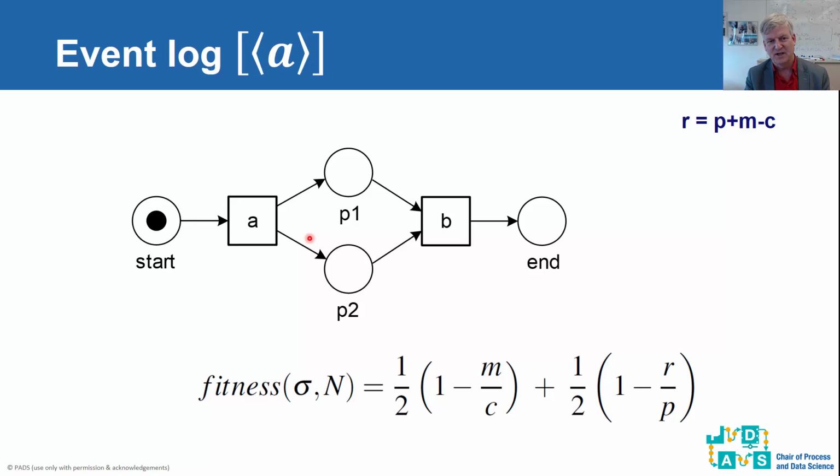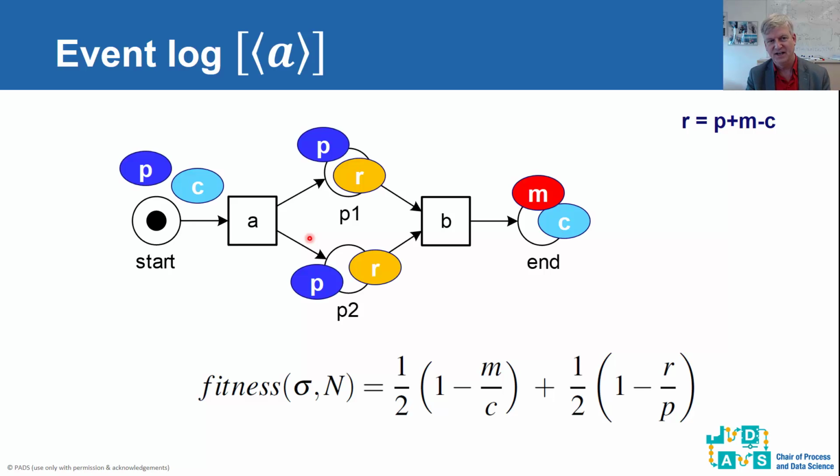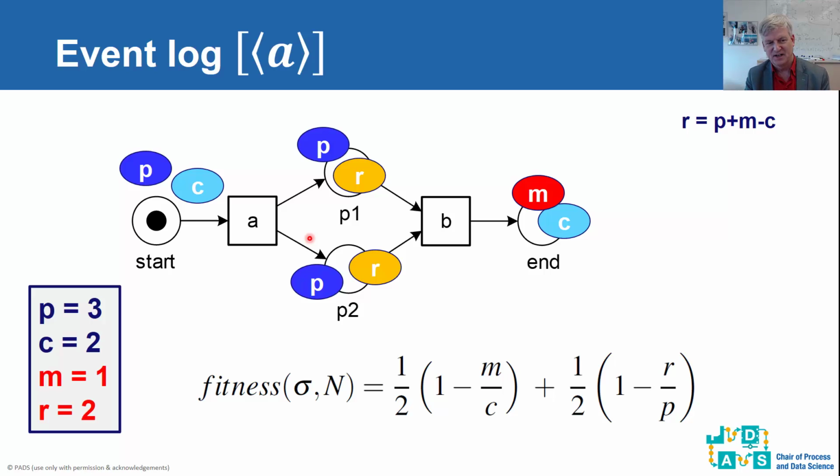If I take a look at this model and this trace, then I can replay it. I can fill out the numbers, and you can see that this is a scenario where P and C are not equal and M and R are also not equal. This may seem artificial, because one could argue that I don't need to have two places here.